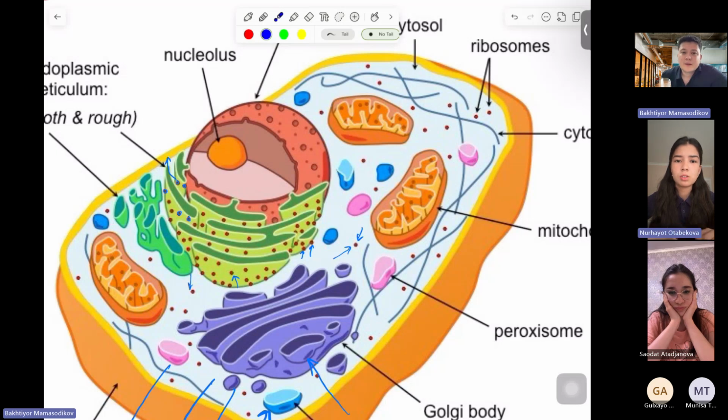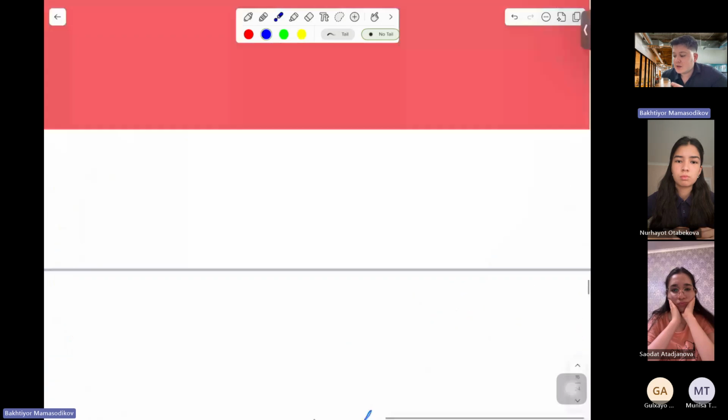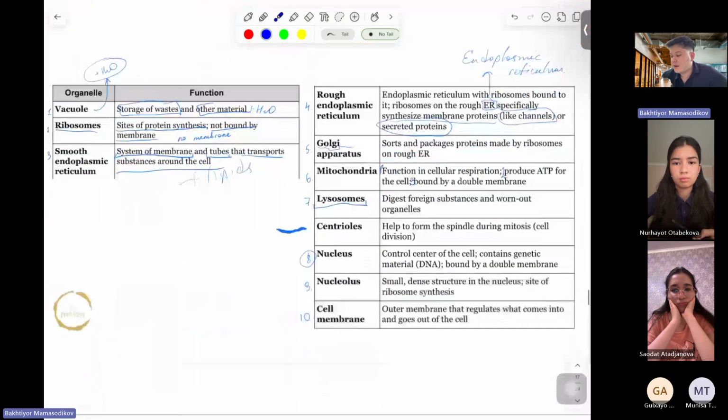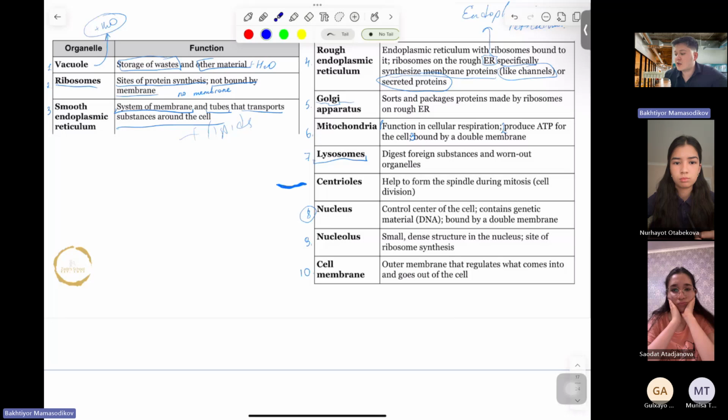Synthesizing RNA and ribosome assembly. Yes, great. The nucleolus is a small, dense structure inside the nucleus, the site of ribosome synthesis and RNA synthesis. You should know it.